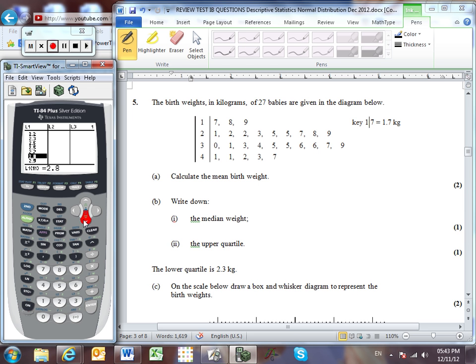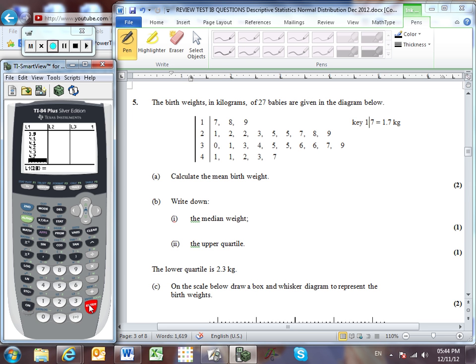Alright, let's go back down to the bottom and continue now with our stem of 3. 3.0, 3.1, 3.3, 3.4, a couple of 3.5s, a couple of 3.6s, a 3.7, a 3.9, and then I've got only 5 that start with a stem of 4, 4.1 a couple of times, 4.2, 4.3, and 4.7.